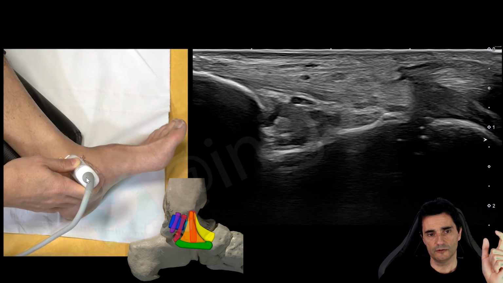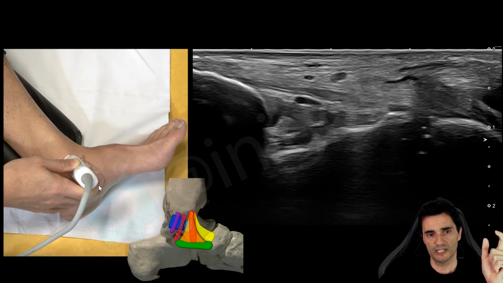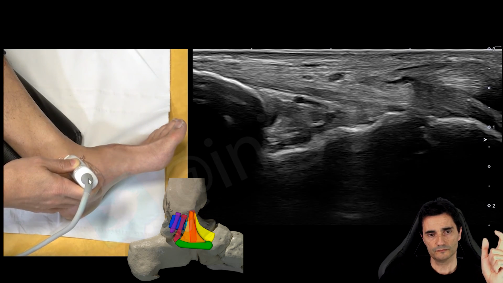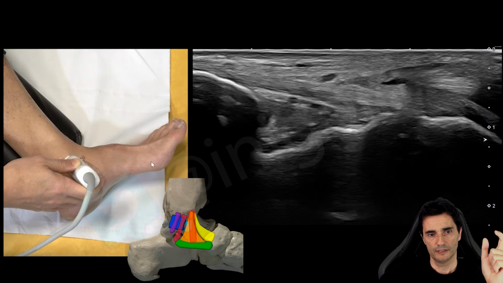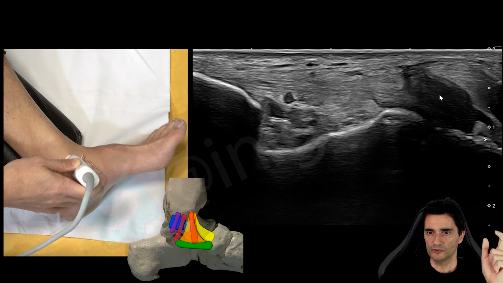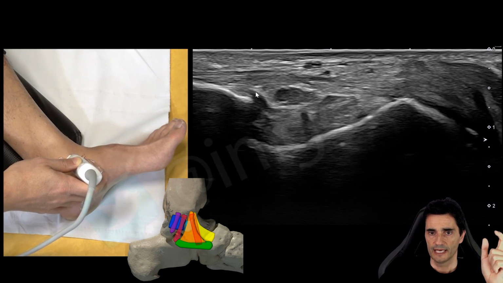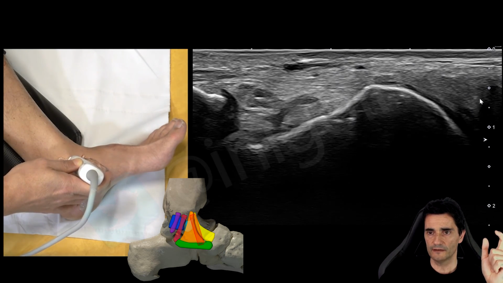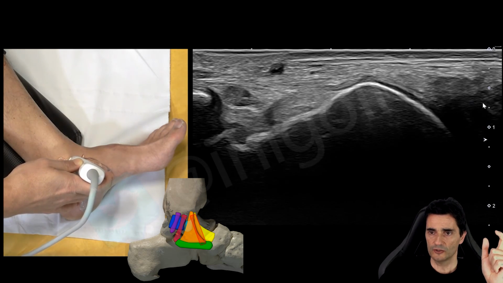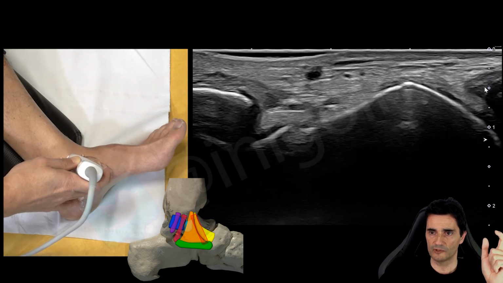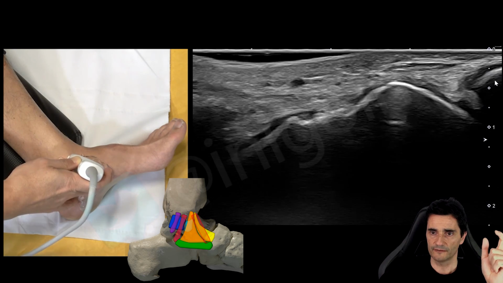And if we continue anterior, always rotating the probe, here we'll notice the head of the talus. This is still the spring ligament. And now here, this shadow corresponds to the navicular bone, which appears here.